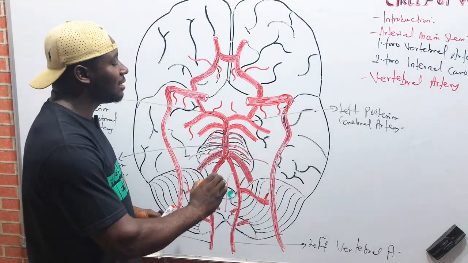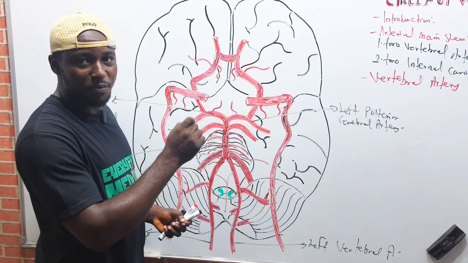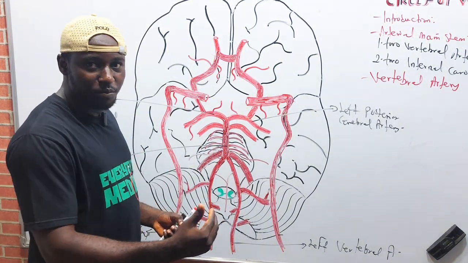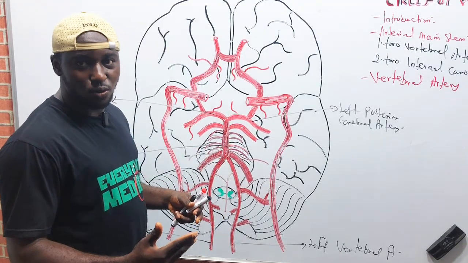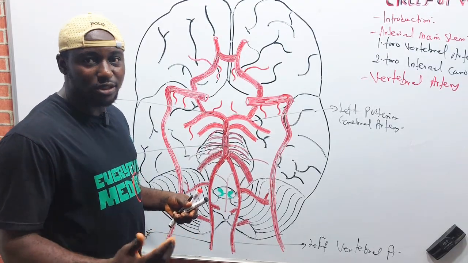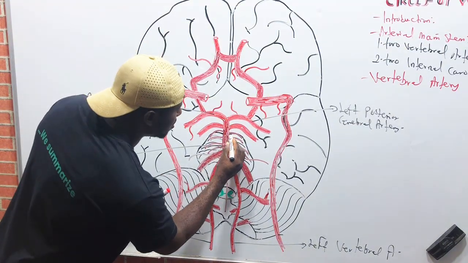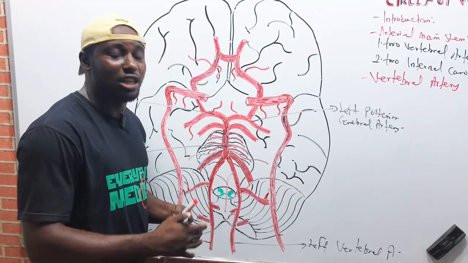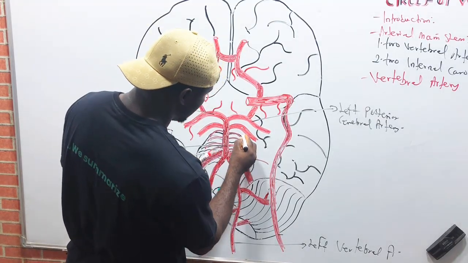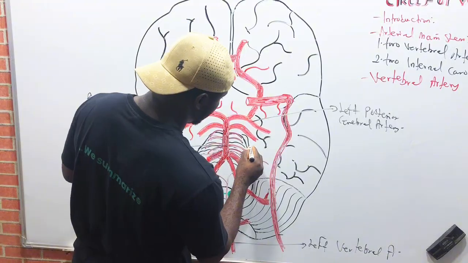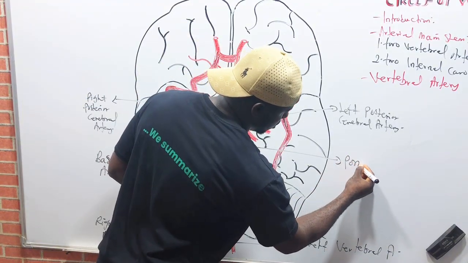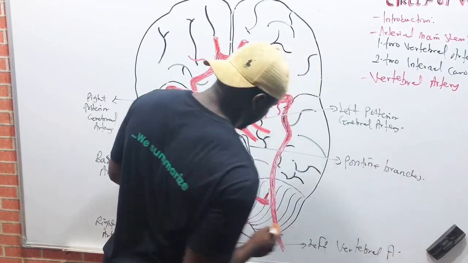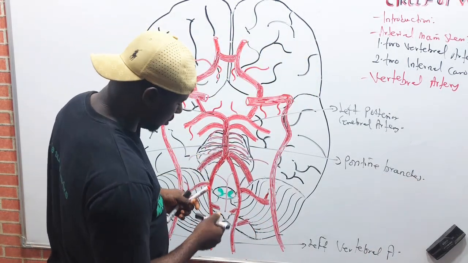Recall that as the basilar artery is ascending upward on the anterior surface of the pons, particularly on the midline, it also gives off small branches. We call them the pontine branches, which supply the pons, right? All these small branches are called the pontine branches, which supply the pons.